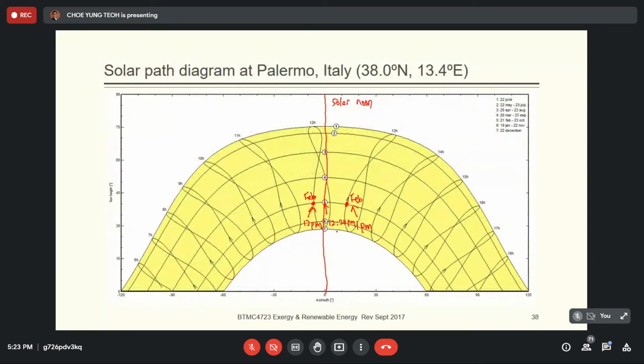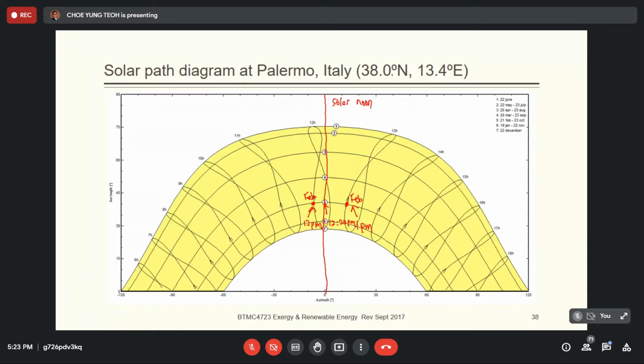This is Palermo, Italy. Palermo, Italy is located 38 degrees north. So as we know that the sun will move to 23.45 degrees to the north of equator and move down to 23.45 degrees to the south of equator. Okay, but this one, Palermo is located 38 degrees north.